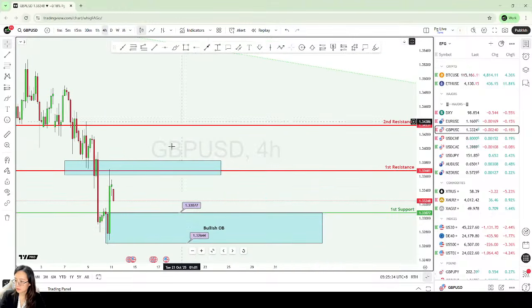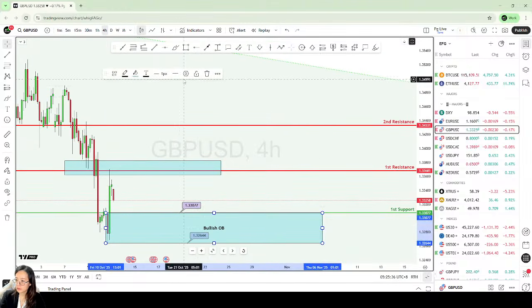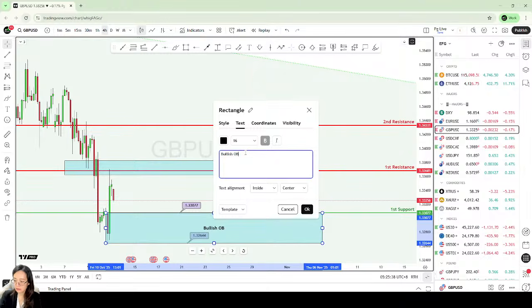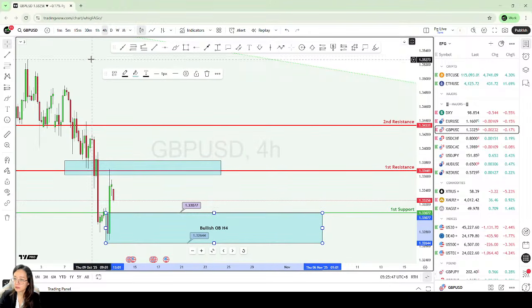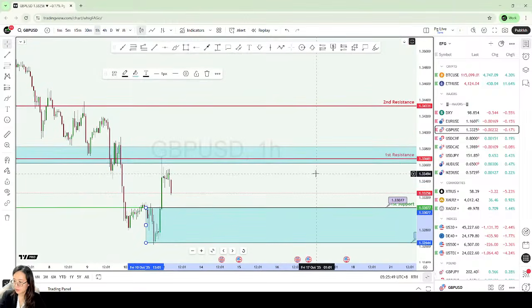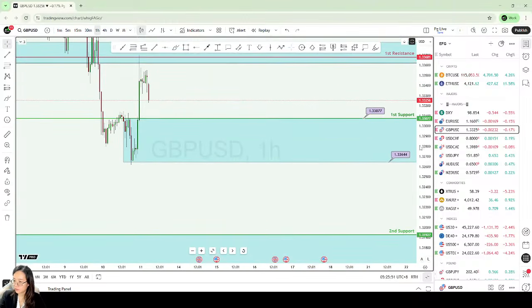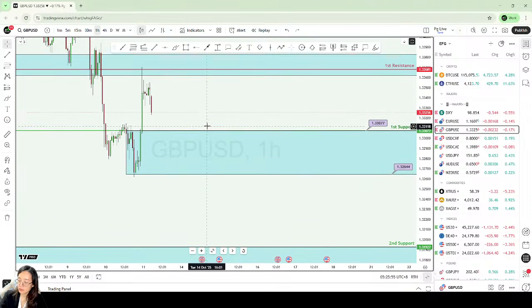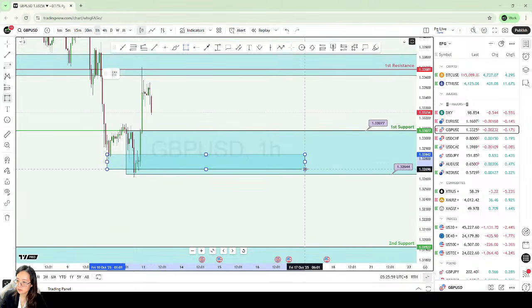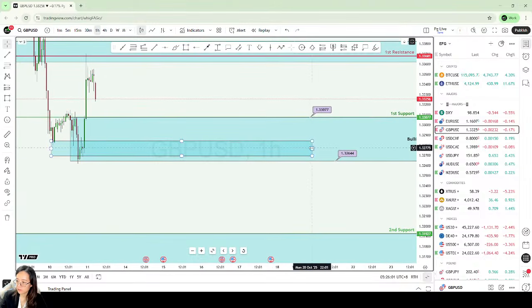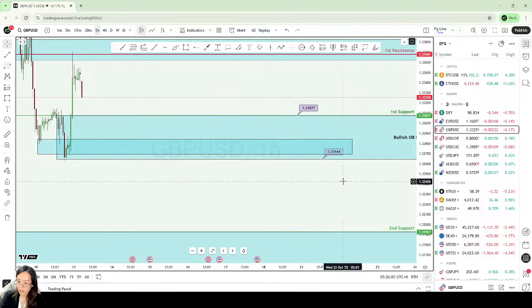Oh, it's here. This is the OB in H4. When you zoom in on the OB, you also have another demand zone within the OB, meaning that whenever you see the OB here, you need to wait for the confirmation, or you can wait for price to come to this other demand within the OB, and you can buy.